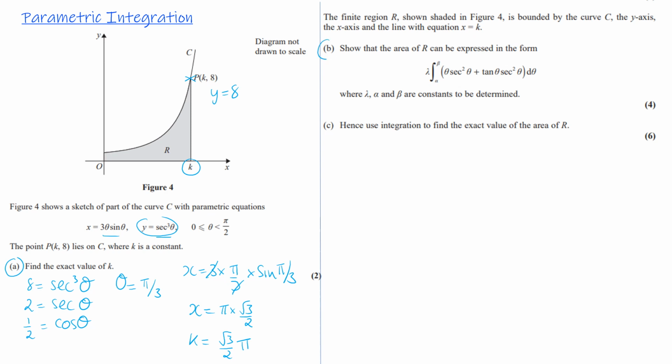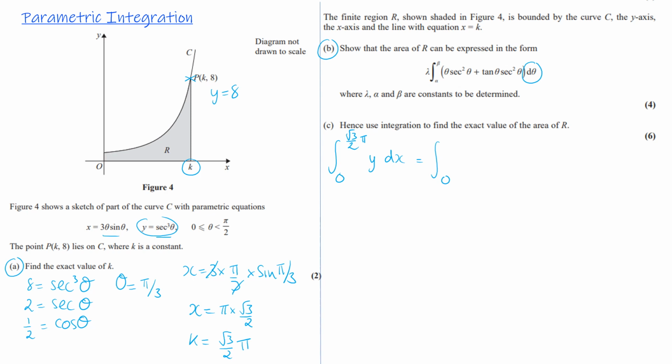Now in part B, it's asking us to show that the area can be expressed in this integral here in the form where we are integrating with respect to d theta. So we're going to have to do our parametric integration. So if we were going with the x values from 0 to k, and k is our root 3 over 2 pi, of our y dx, then transferring it in terms of theta, it's going to be 0.